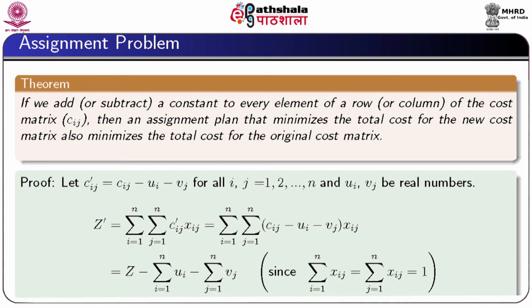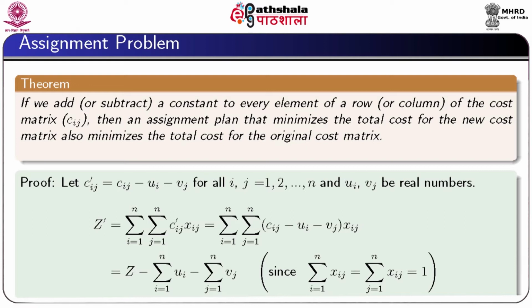Now, if I simplify it, then we get z dashed equal to z minus sigma ui minus sigma vj, since sigma Xij is equal to 1 when i varies from 1 up to n, and also sigma Xij equal to 1 when j varies from 1 up to n.